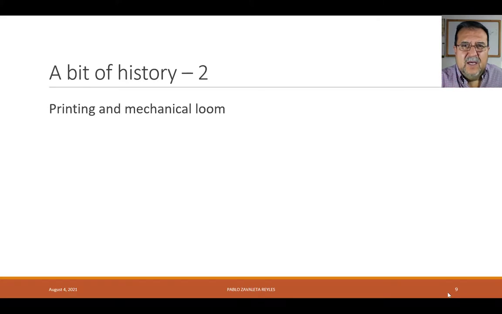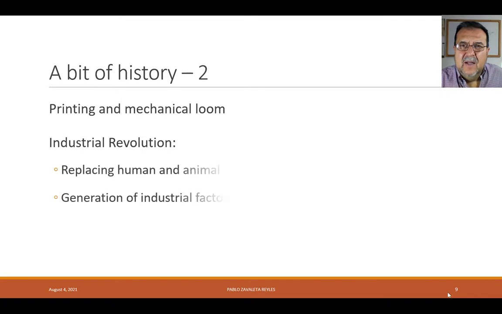And that's when we can identify the beginnings of the modern industrial era. The Industrial Revolution began a little bit after that, where we replaced human and animal energy with mechanical energy, and we started to create the biggest factories.